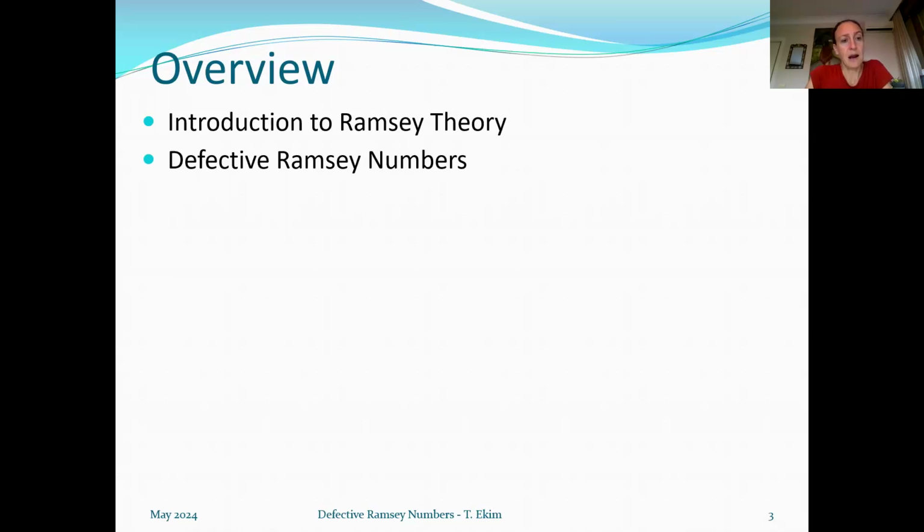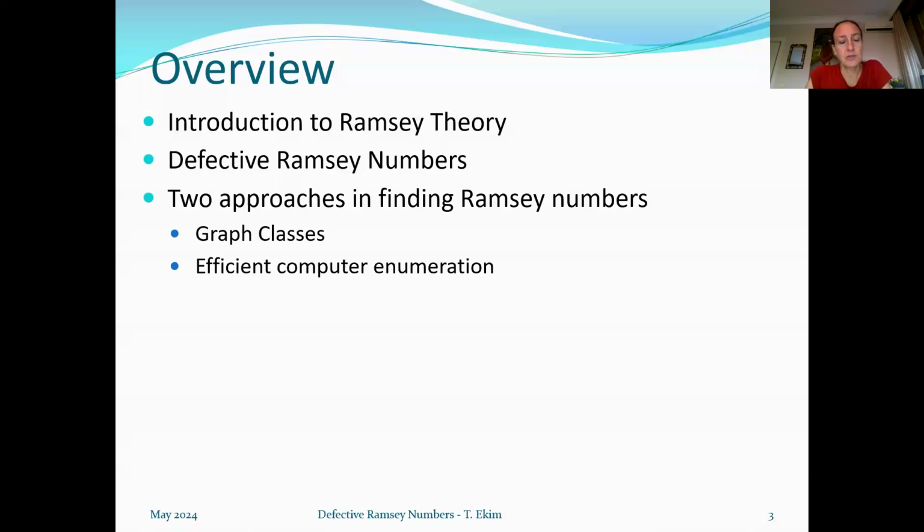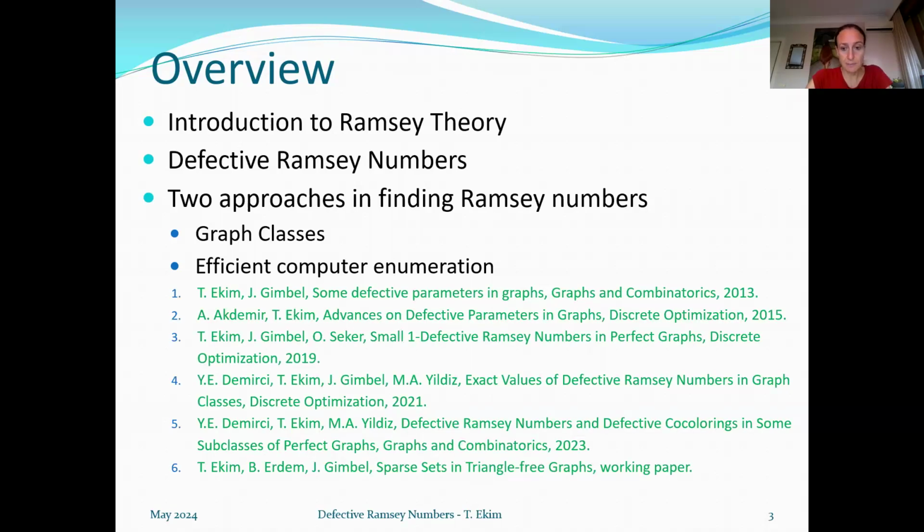And I will focus on two main approaches to compute Ramsey numbers, namely considering these numbers in special graph classes and using computer enumeration to find Ramsey numbers. So my talk will be based on our results obtained in 6 different papers.